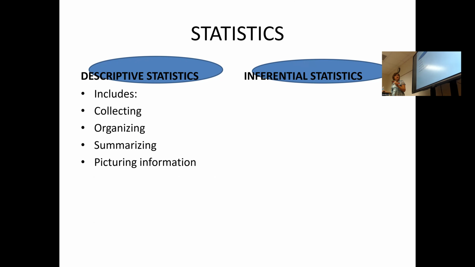So descriptive statistics includes all the things we've just been talking about. Collecting. When you collect the data, you organize it, you summarize or analyze it, and you picture it. All right.